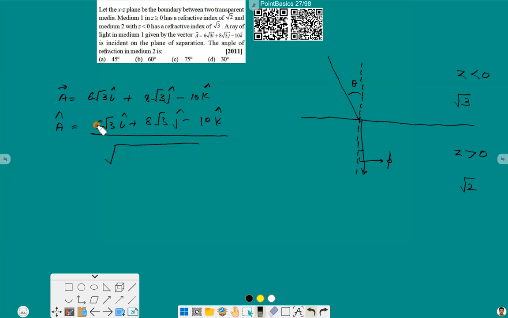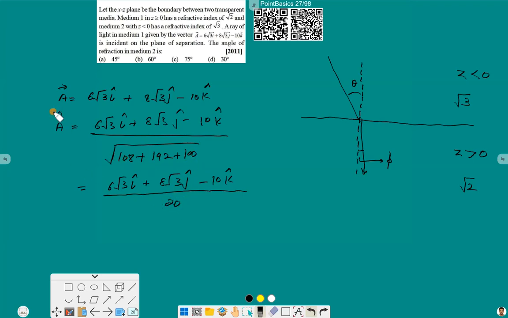That will be 36 into 3, which is 108, plus 64 into 3, which is 192, and plus 10 square, that is 100. So this will be 6 root 3 i plus 8 root 3 j minus 10k divided by, this will be 300 plus 100, 400, so divided by 20.